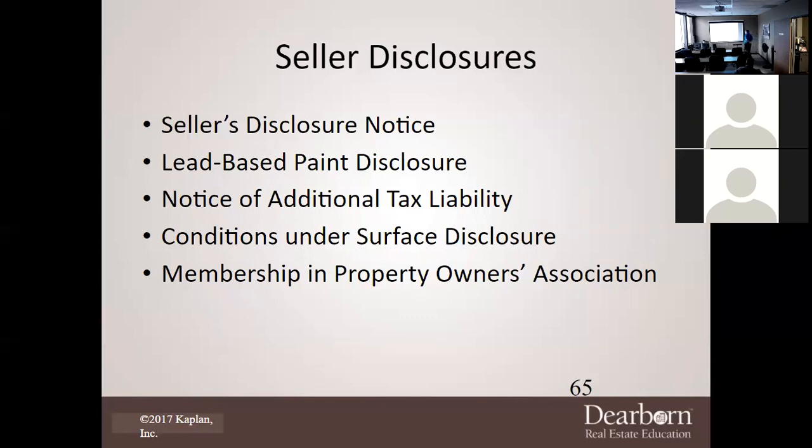Okay. 1978, if a house was built prior to that time, you have, keyword, have to get a lead-based paint disclosure. No ifs, ands, buts. Okay. We'll talk about that as well. There's also the notice of additional tax liability, the conditions under the surface disclosure, and memberships in the Property Owners Association.